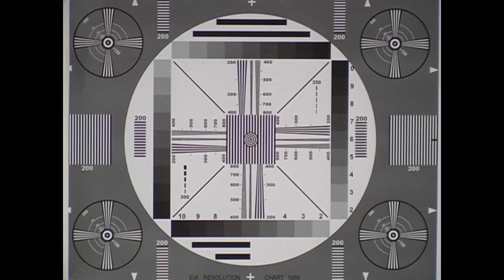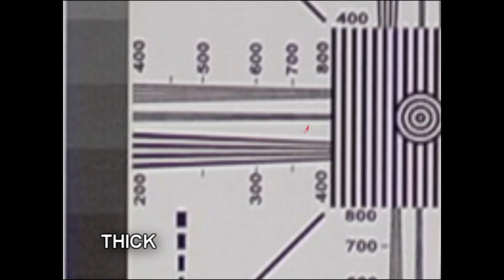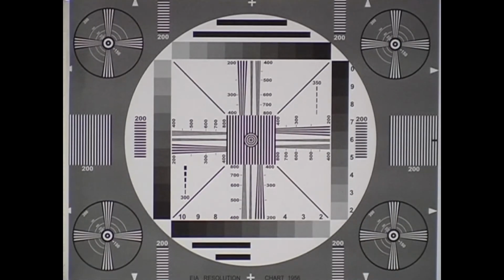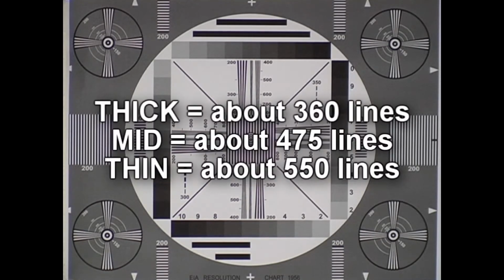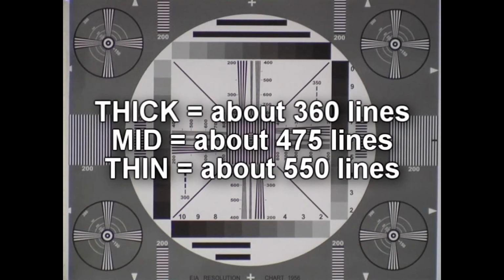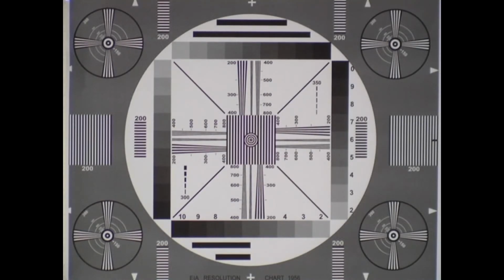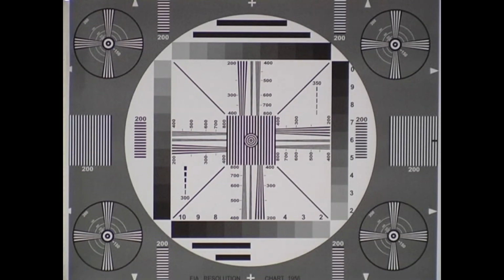Whereas if you go all the way back to thick, you have to drop down to maybe about 350, 360 before the lines start to converge. So you get about 360 lines on thick line detail, you get about 550 lines on thin line detail, but you get the most flicker on an interlaced TV with thin line detail. And with mid, it's about the middle. You get about 450, 475 lines of resolution and a little bit less flicker, but it does still.